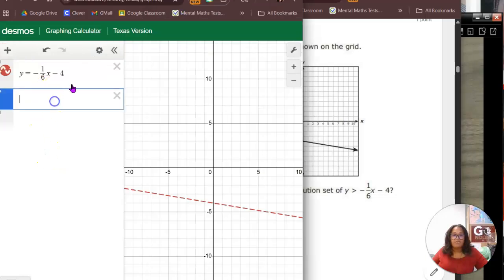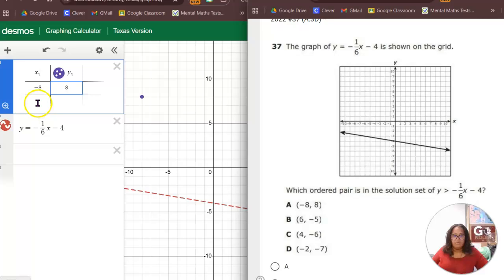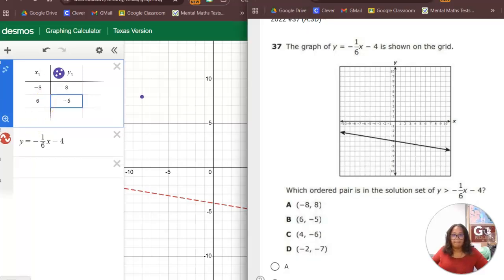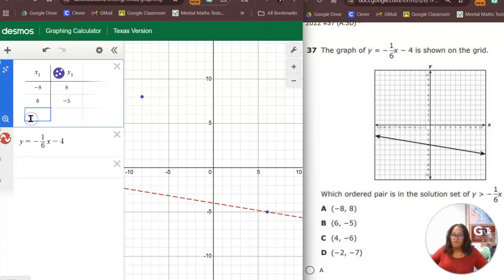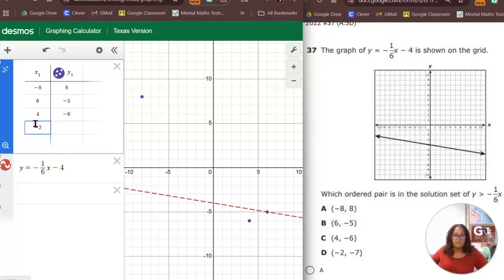Negative 8, 8. So come over here, make a table. Negative 8, 8. 6, negative 5. 4, negative 6, and negative 2, negative 7. So this point would not be it because it's on the line and this is a dotted line. It does not count inside my solution set. So I would delete this one.